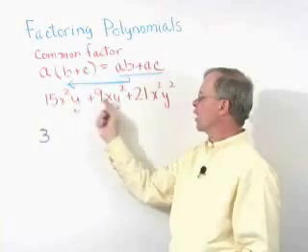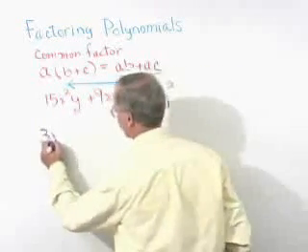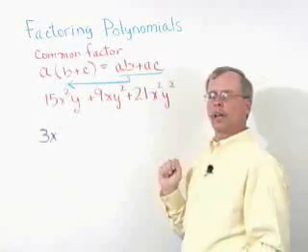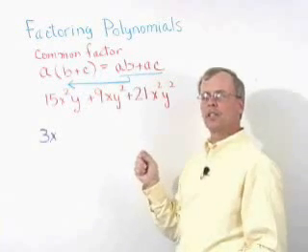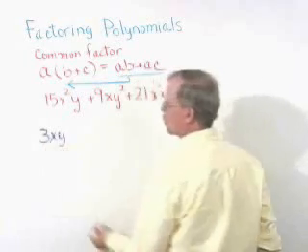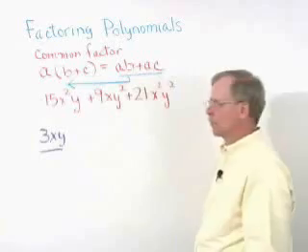So we have an x squared and an x squared, so we'll factor out x. Then we have y and y squared again. Again, when you're factoring out powers, make sure you take the least power that you find. So this would be just 3xy. This is considered the greatest common factor.